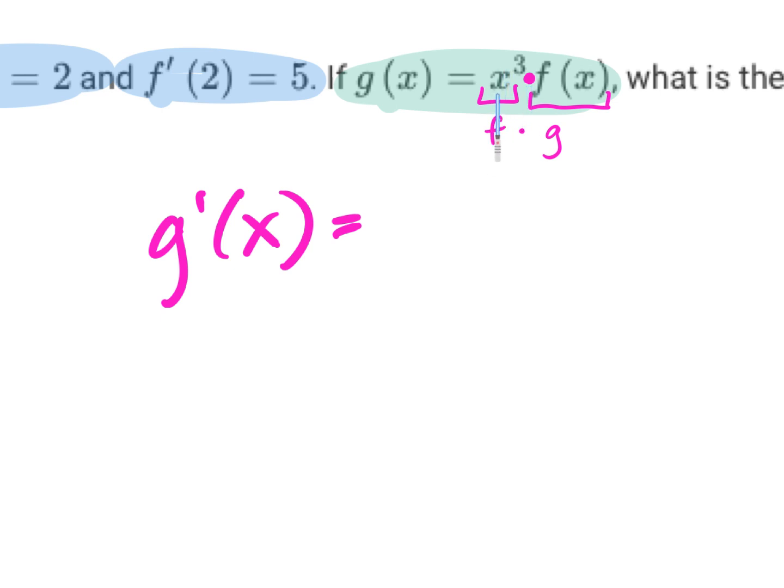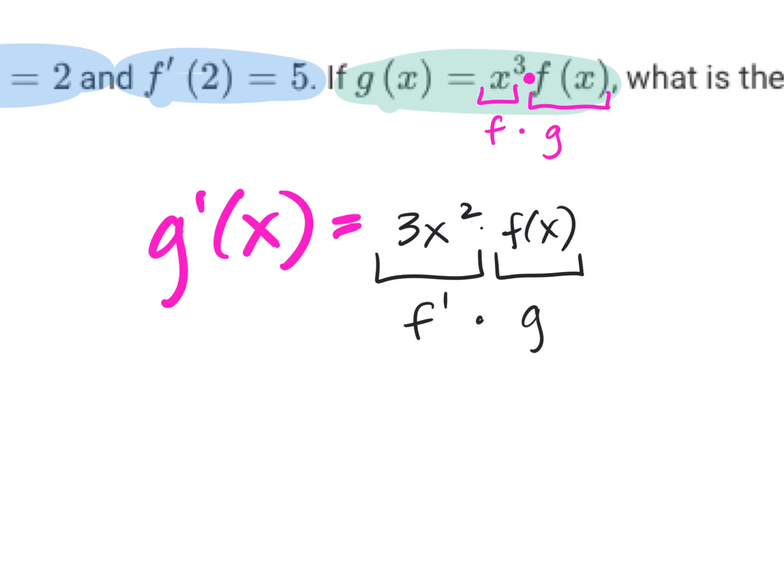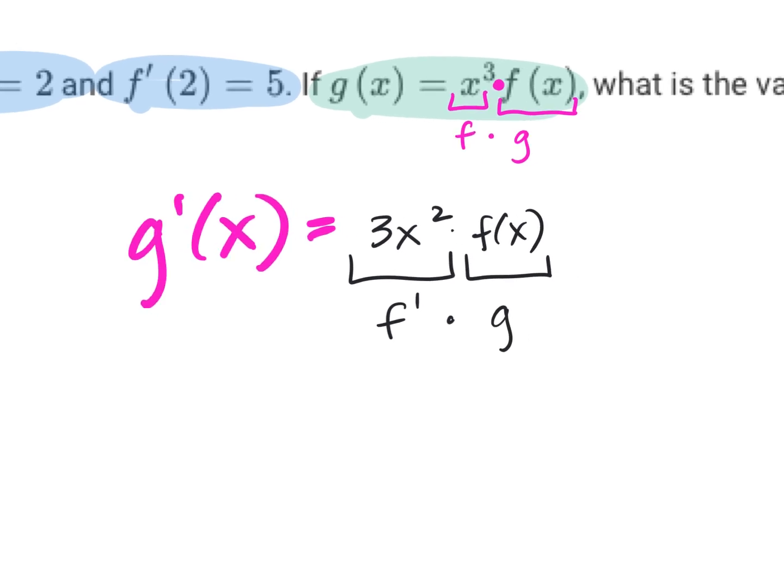Here we go. F prime. 3x squared is my f prime. Love it. Times g, which in this case is f of x. How awful. Plus, I love that you remember that plus. That's so good. So close, hold on. True, and it doesn't matter the order that we put it in.